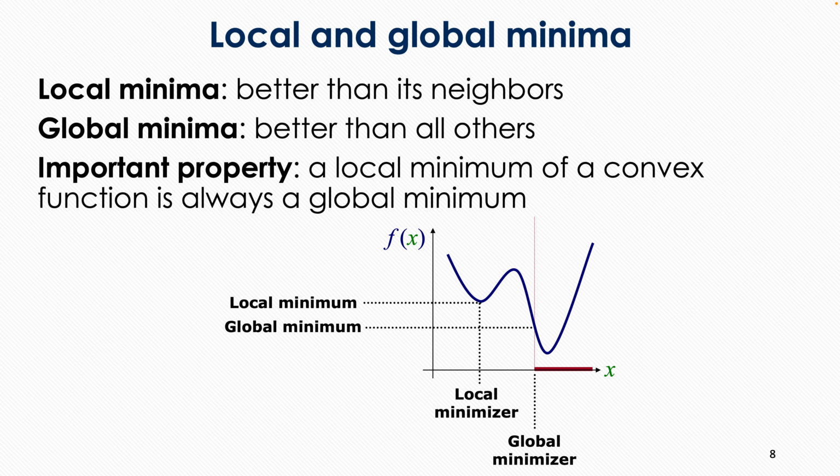So if you have an objective function that is non-convex, you might have to think carefully about whether or not you've actually gotten the quote-unquote right answer.